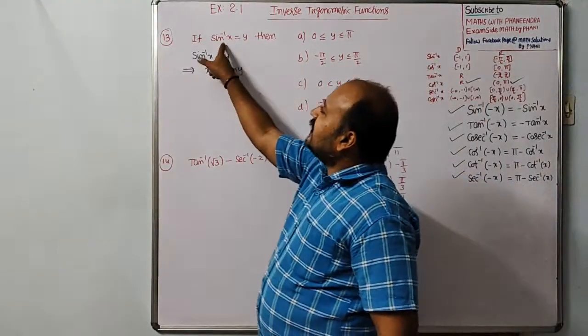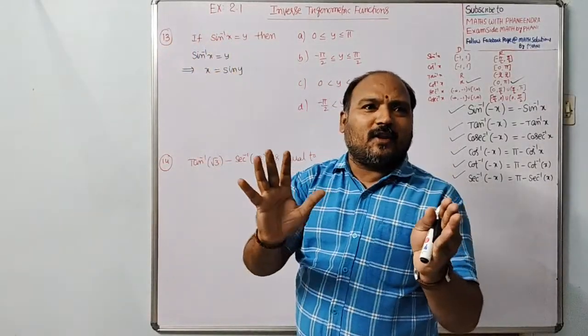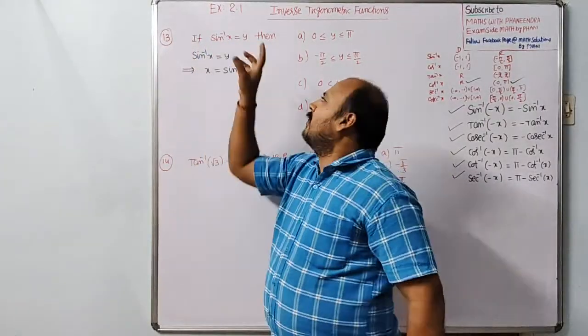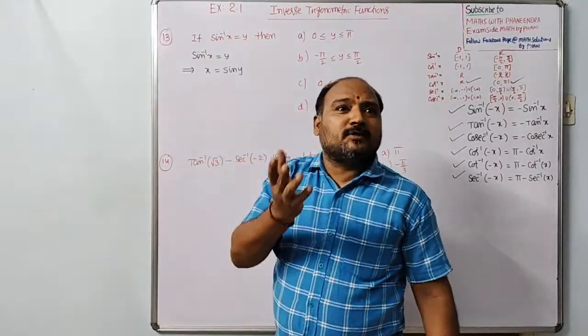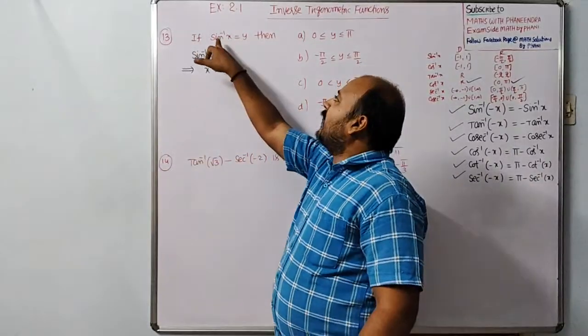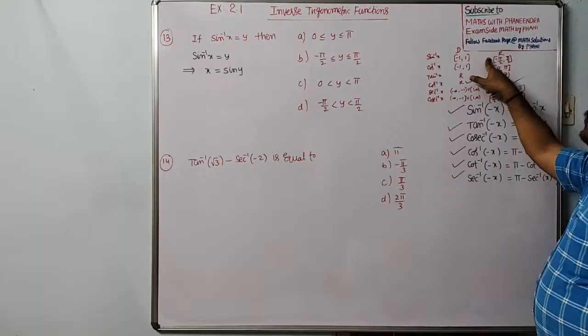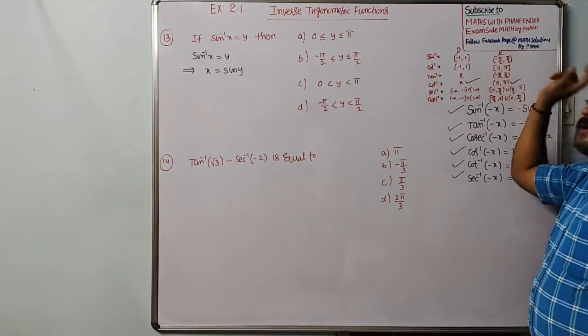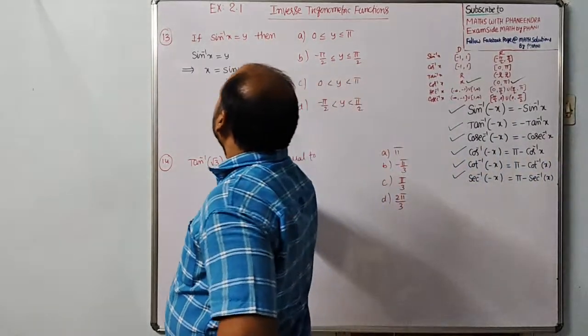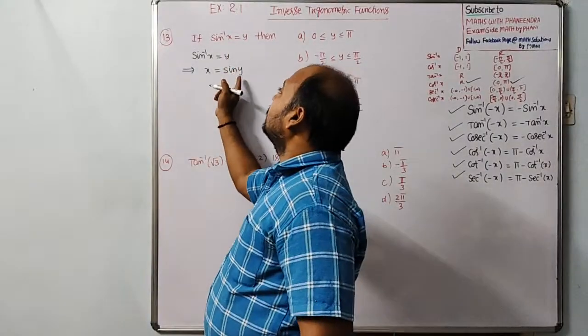Range means the maximum and minimum value between which y lies. So the range of sine inverse x is minus pi by 2 to plus pi by 2, the principal value of y.